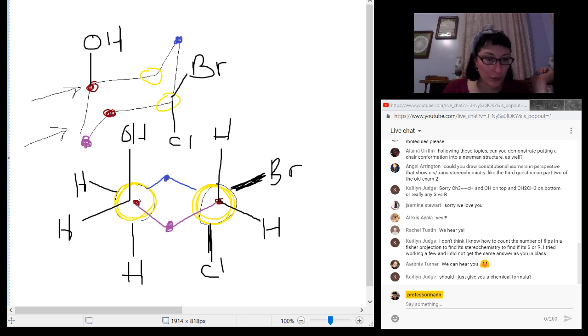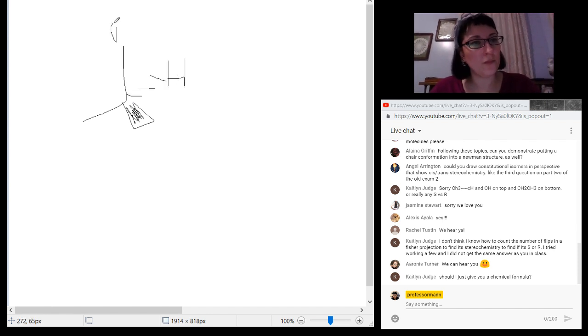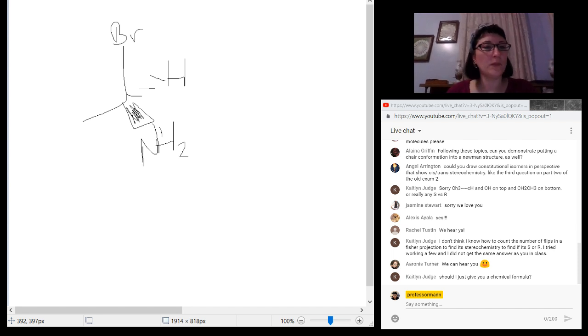Okay, so let me pull this one back up because it is a pain to do Fischer projections on the drawing program. Let's just take a molecule, something really simple. Let's do a hydrogen back there, a bromine there, an NH2 group, and then we'll leave the other as a methyl.